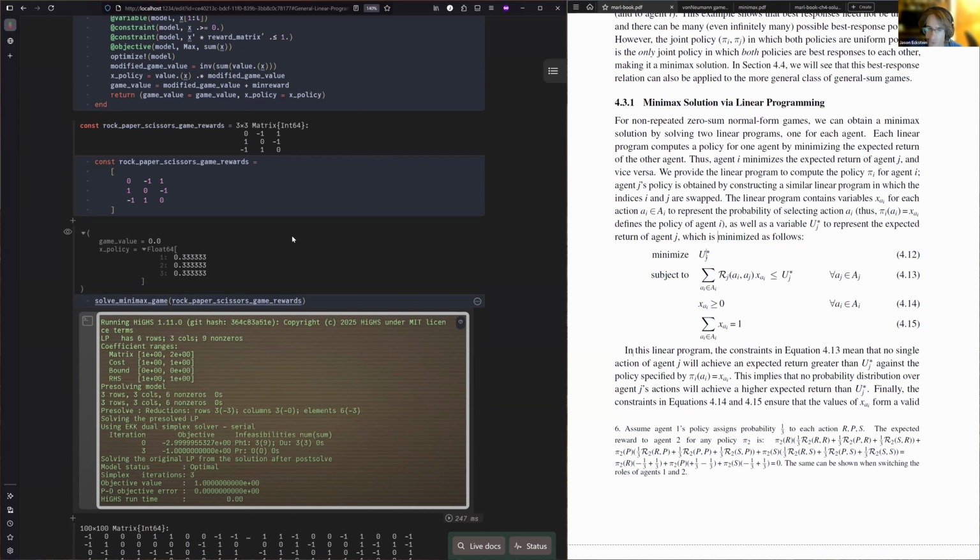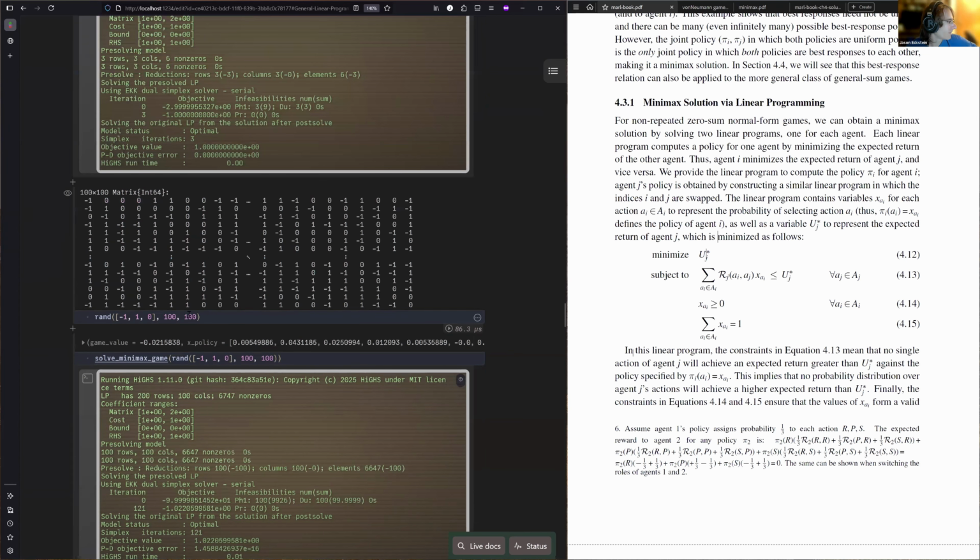Because if you knew that the other player was selecting one of the moves more frequently than another, then you could always exploit that by selecting the move that does better than that, right? So the only policy that makes sense is a Minimax solution where neither player can come up with a better response to what the other one's doing, which is to be uniformly random across all the actions. And we do see that solution here.